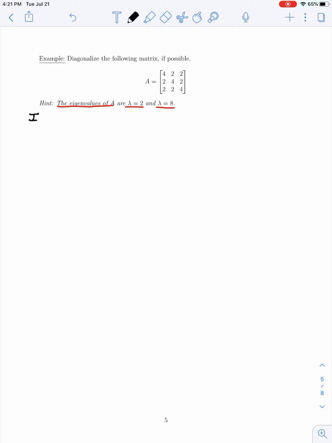Starting with our first eigenvalue, lambda 1 equal to 2, to find an eigenvector we're looking at the equation (A minus 2I) times some vector, I'll just call it x for simplicity, is equal to the 0 vector. And we're looking for non-trivial solutions x.